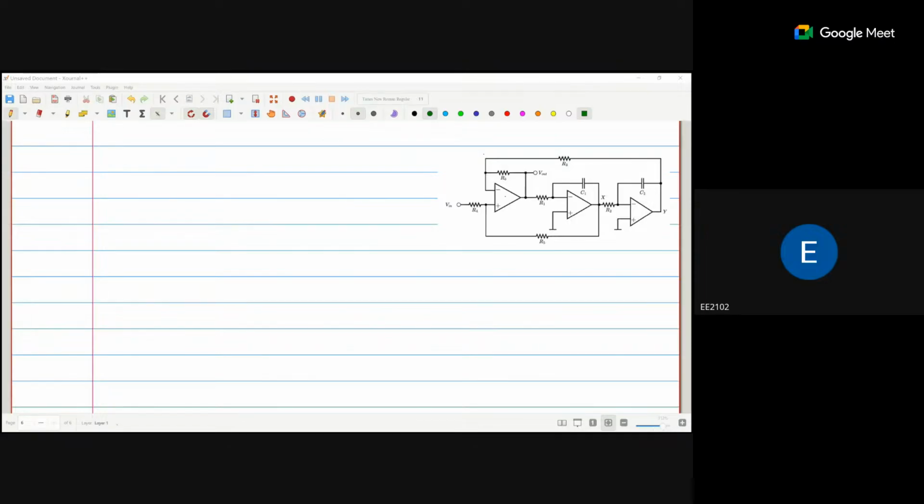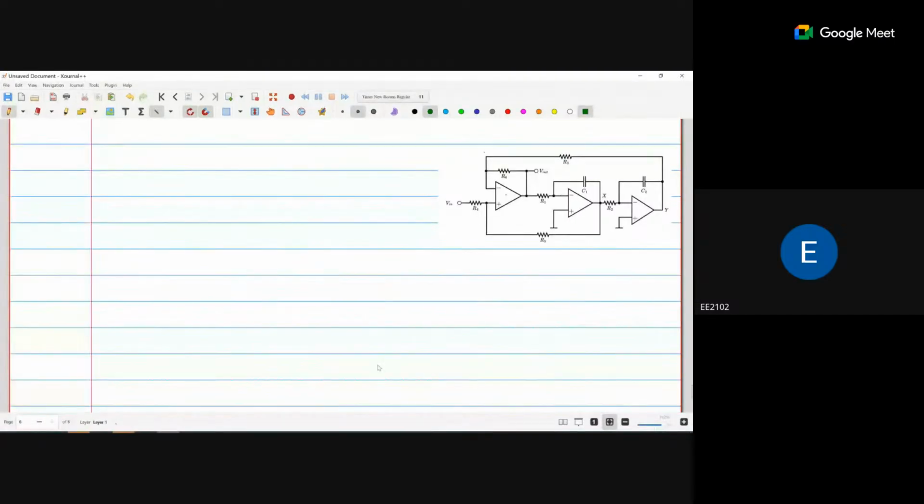Let's take a point. We consider the different points. If I consider here, it is a point, B point.